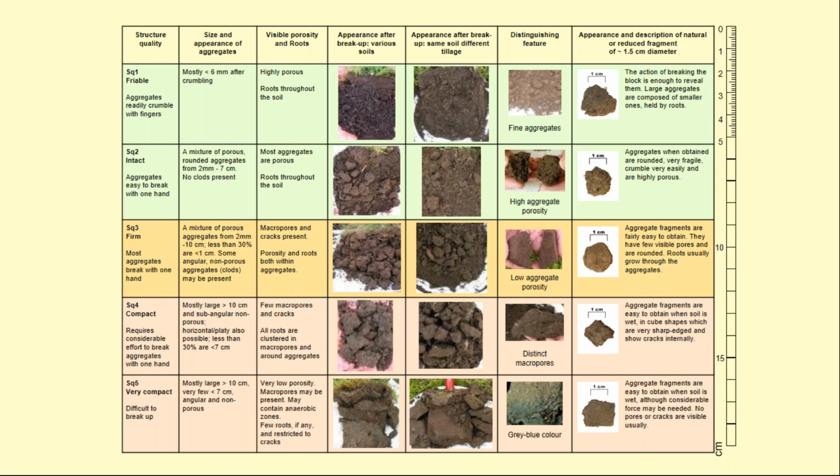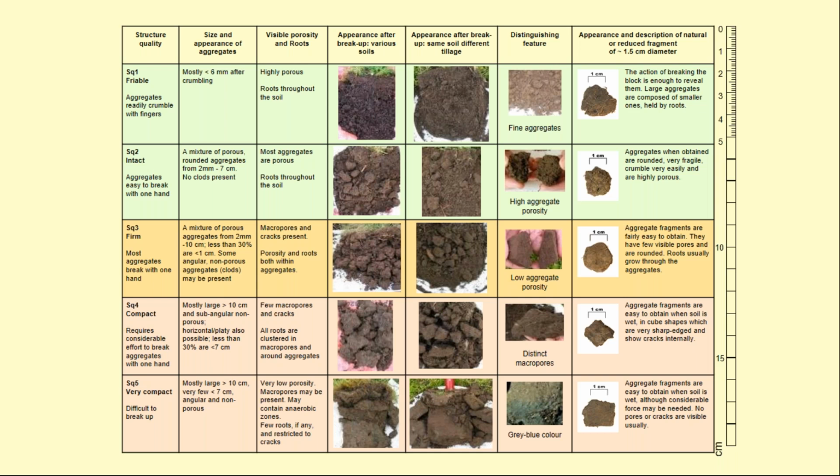And we basically look from a score of 1 down to 5, 1 being very friable, nice and crumbly, and a 5 right at the bottom there being very angular, very blocky, large aggregates, really difficult to break down in your hand. And often you can see some mottling, some sort of bluey grey colours, which are really clear evidence that water, the air is not getting down there.